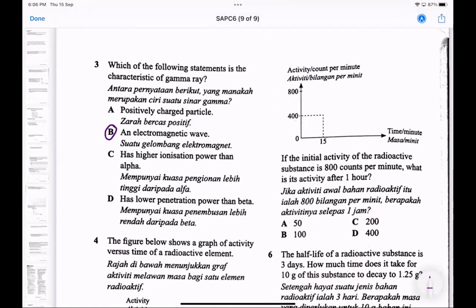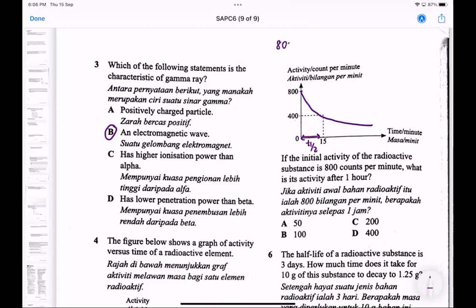Okay, honey, look at it. I think there's something wrong with the graph here. If the initial activity is 800 counts per minute, what is its activity after 1 hour? So actually, by right, the graph is missing this curve lah. 800, then 400. So that means this is 1 half-life. So after 1 hour, you have how many half-lives? 4, isn't it?